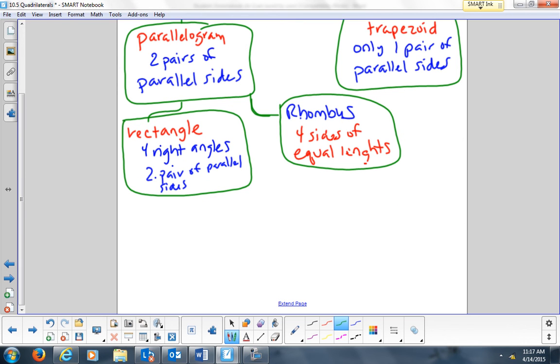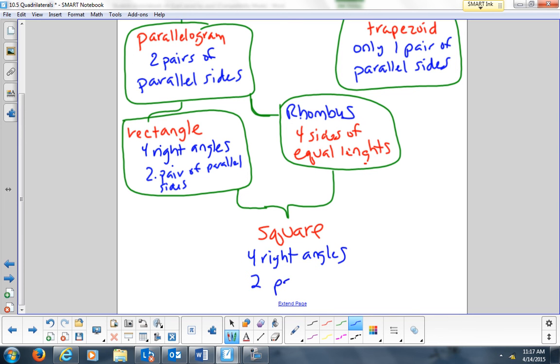In addition to that, something that is both a rectangle and a rhombus is a square, because it has the properties of all of those. So it has 4 right angles, and yes, you'll need to know all of this, 2 pairs of parallel sides, and 4 equal sides.